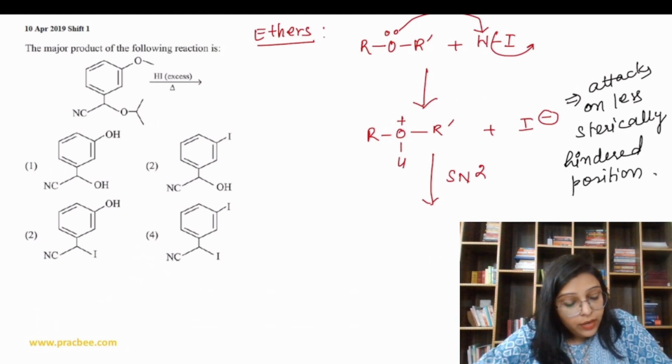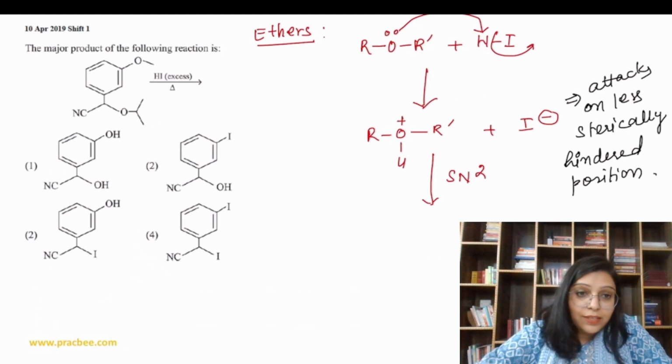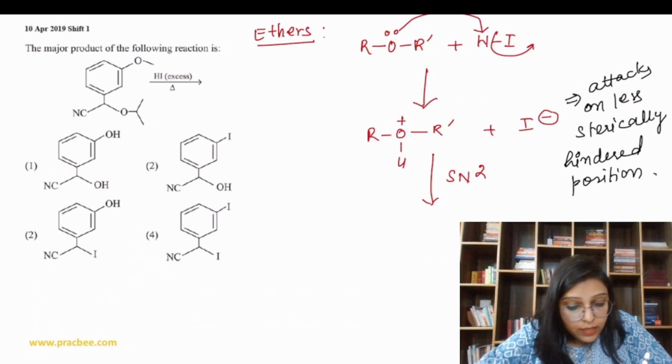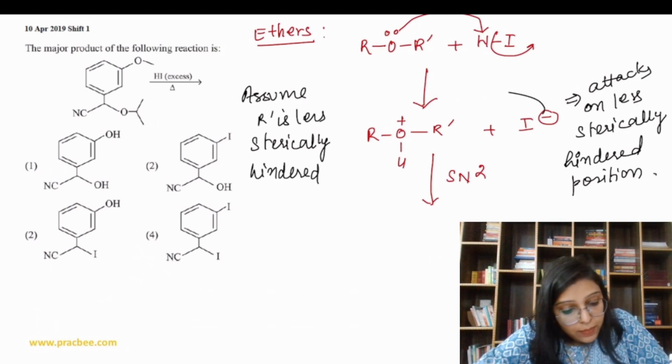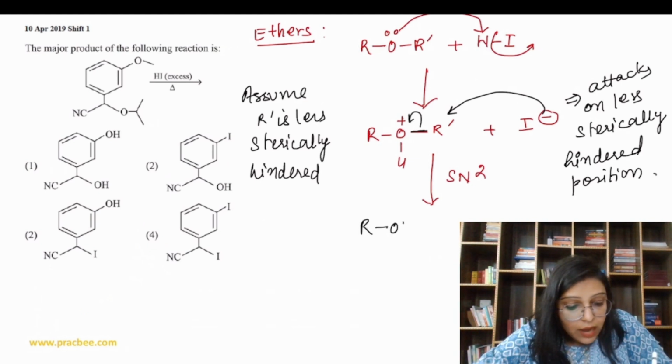If I assume R' is less sterically hindered, then I minus attacks this R' and this bond is going to break. So we get ROH plus R'I.